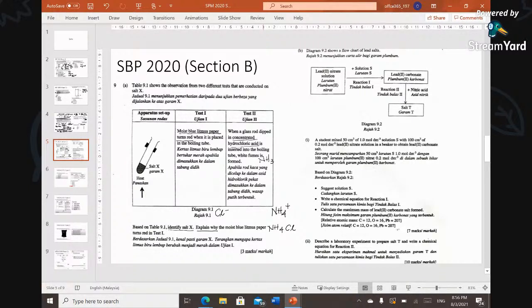Okay, so if you see, there is presence of hydrogen chloride molecules.